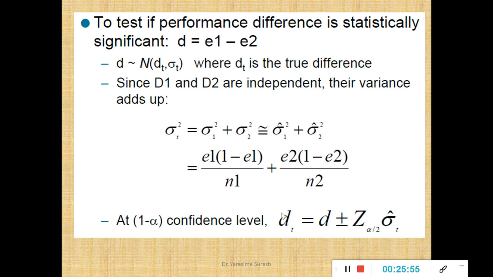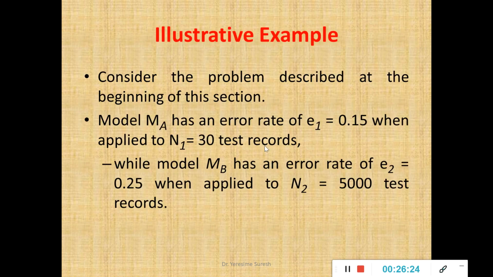The true difference dt is equal to the observed difference plus or minus the upper bound or the lower bound of your confidence interval Z alpha. We have seen the table: at 95% confidence level, the confidence interval is equal to 1.96 multiplied by the variance of the difference between the error rates of the models that you have computed. We'll see these formulas and we'll try to evaluate by solving an example.